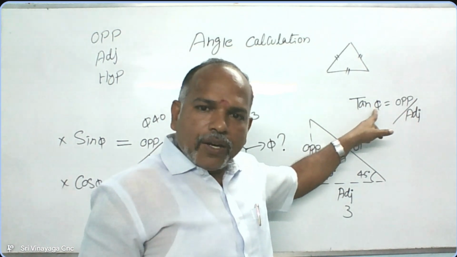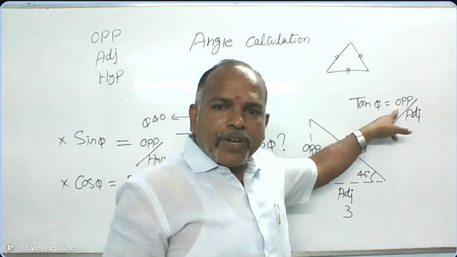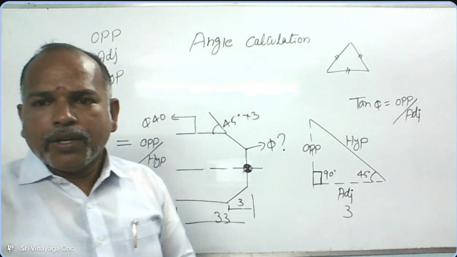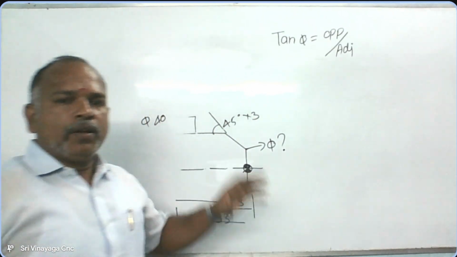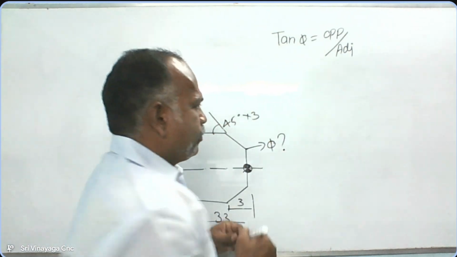We know tan 45 degrees. We know the adjacent side, so we can easily find this opposite side. Tan theta equals opposite by adjacent side.